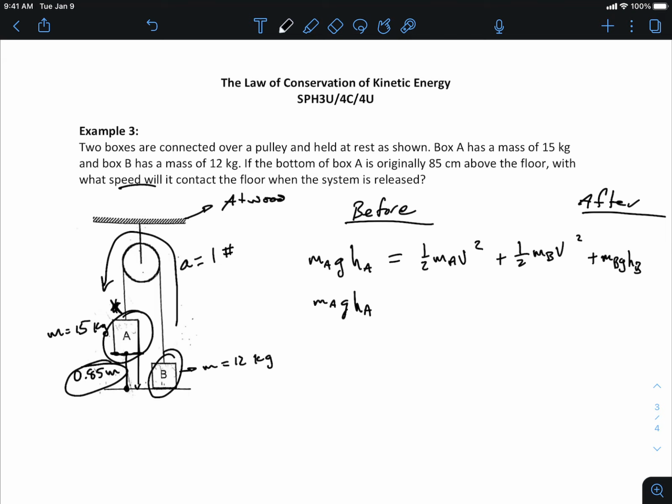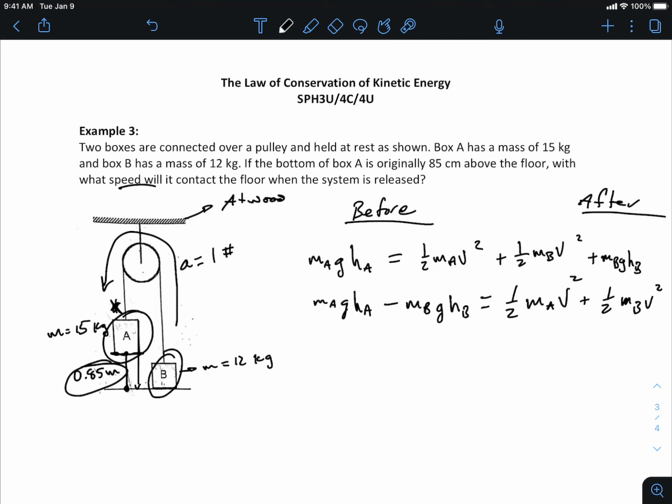And we're going to subtract off this term over here, because I took it and moved it to the other side. So I'm going to see the mass of B times G times the H of B. And that's now going to equal 1/2 M of A V squared plus 1/2 M of B V squared. Don't forget your squareds.